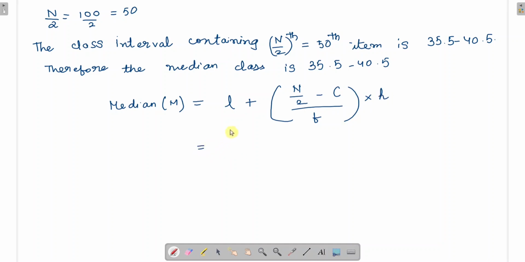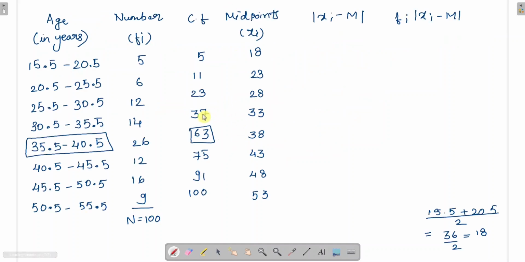So this is equal to, lower limit is 35.5 of the median class plus n is 100 divided by 2 minus cumulative frequency of the class preceding the median class is this 37.